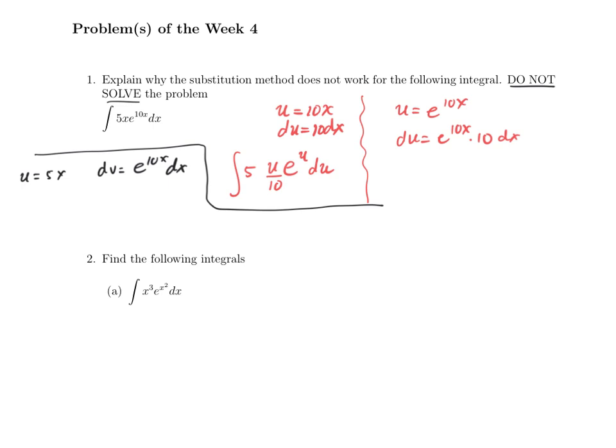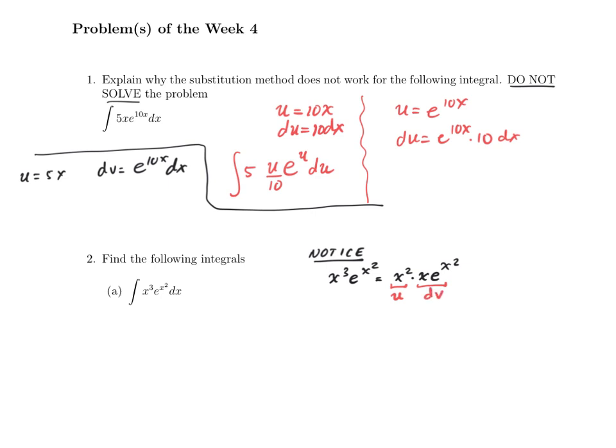Okay, so then number 2, part A, this one does require integration by parts. Before you do that, notice you have to rewrite this to make it easier. Notice that x cubed e to the x squared is the same thing as x squared times x e to the x squared. So this part is going to be the u, and this is going to be the dv.